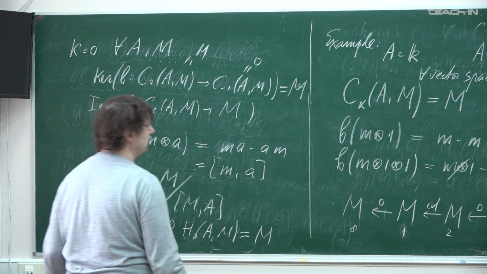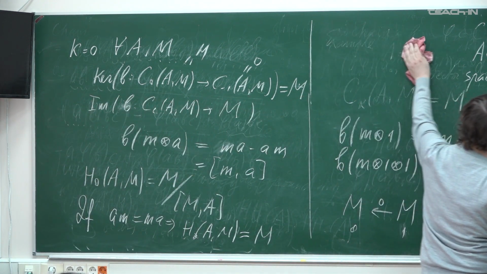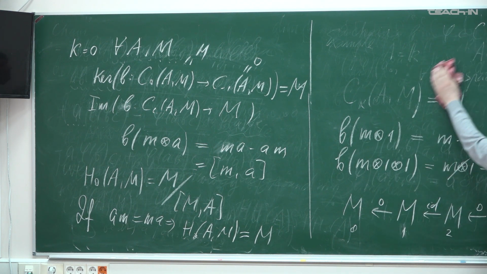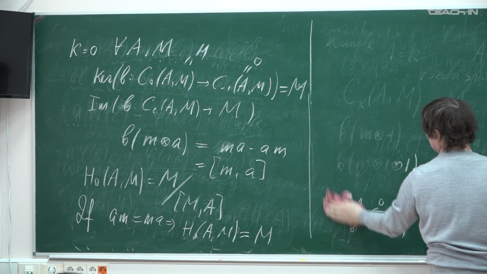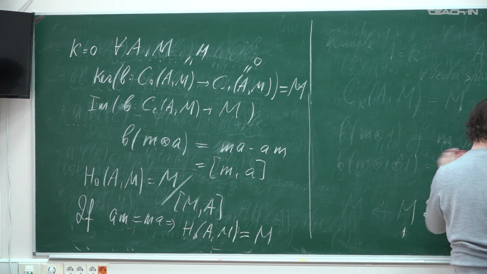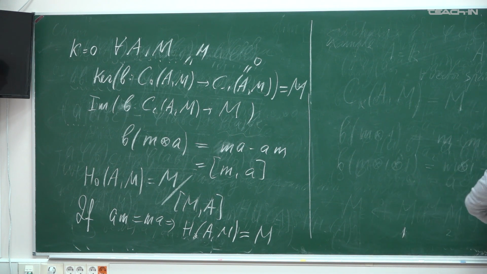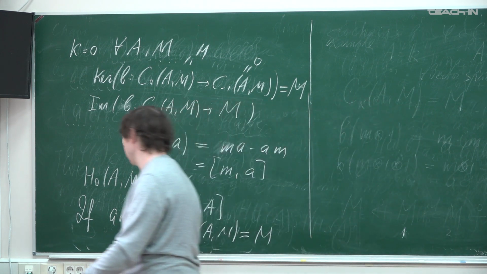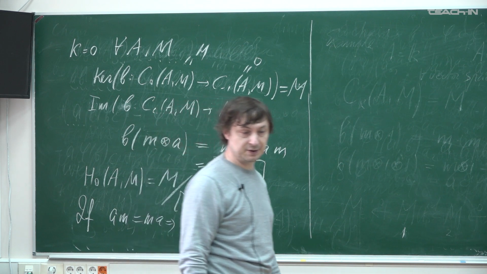If you try to do the same thing in degree 1, it will not be that easy. It's not very hard to describe the kernel of the boundary map from C_1 to C_0.